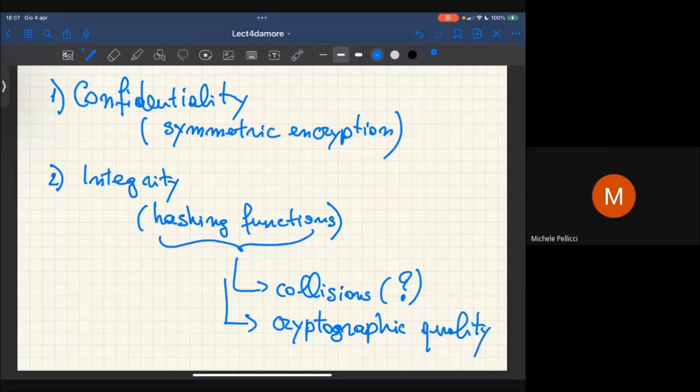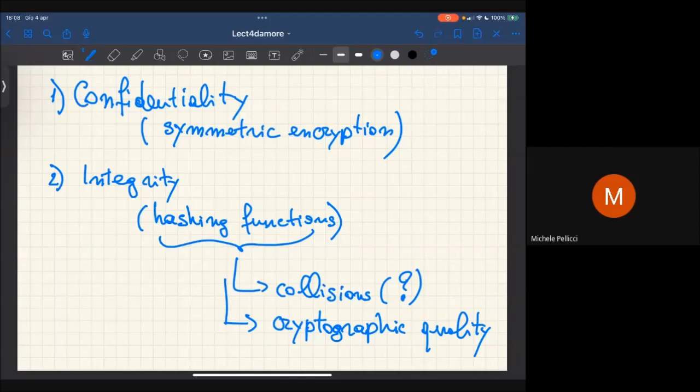I guess you remember the meaning of cryptographic quality for a hashing function. And the two subjects, confidentiality and integrity, are very important, and I think they are among the most important concepts in information security today.